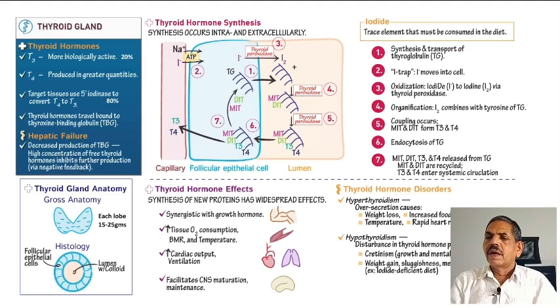The mono and diiodothyronine again will be recycled back for the further incorporation of the MIT, DIT, T3 and T4.